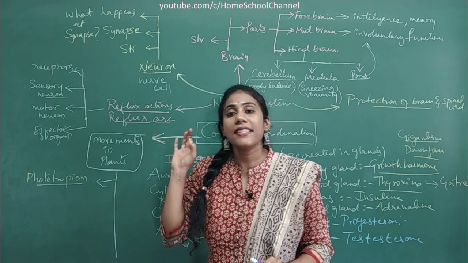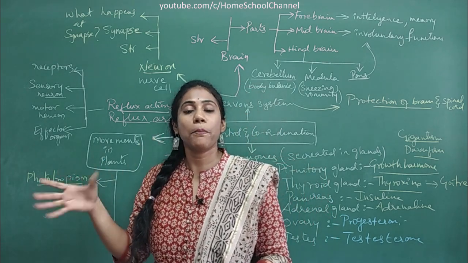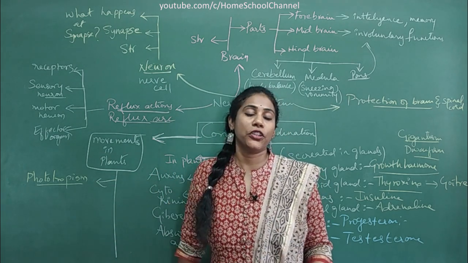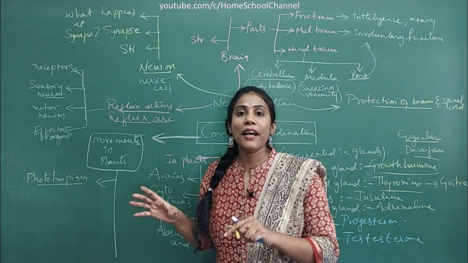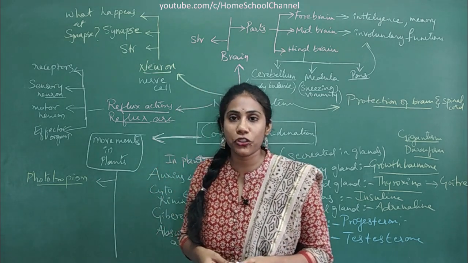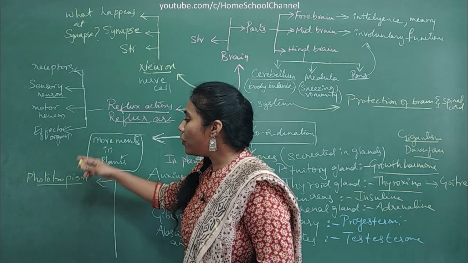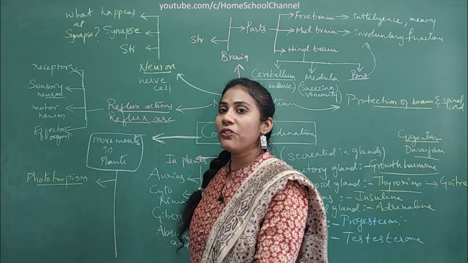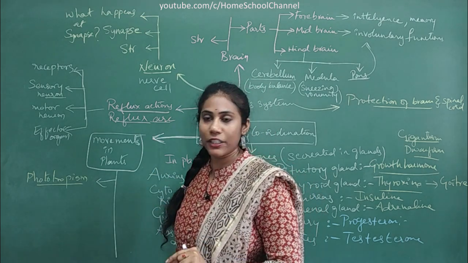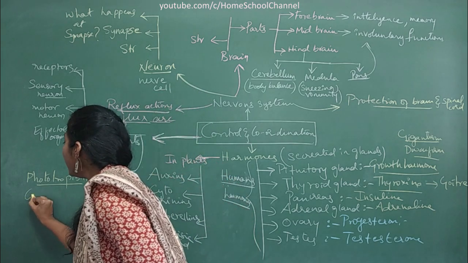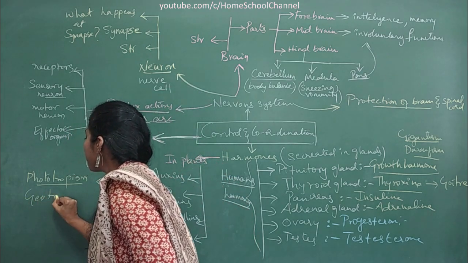So we say the stem or shoot is positively phototropic and the root is negatively phototropic. So you must have an idea about which is positively phototropic and which is negatively phototropic. Okay, so you must know what is the definition of phototropism and which part is positively phototropic and which part is negatively phototropic.